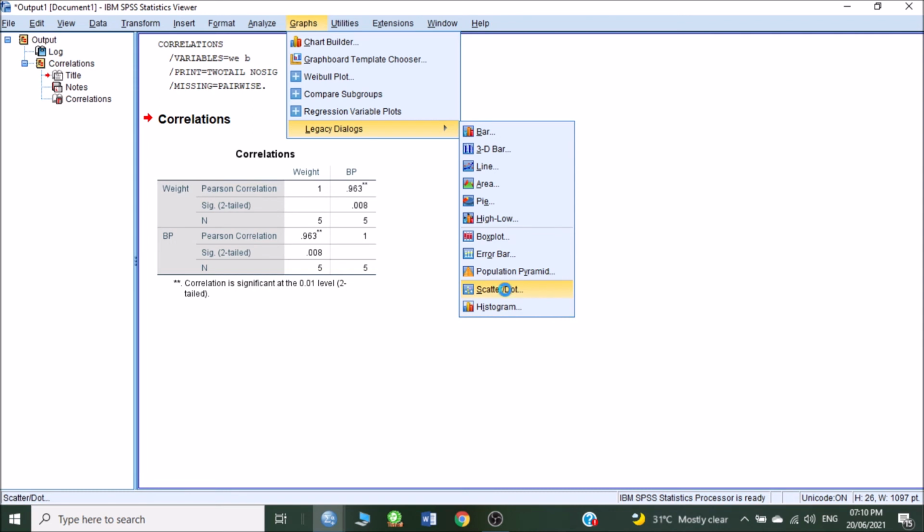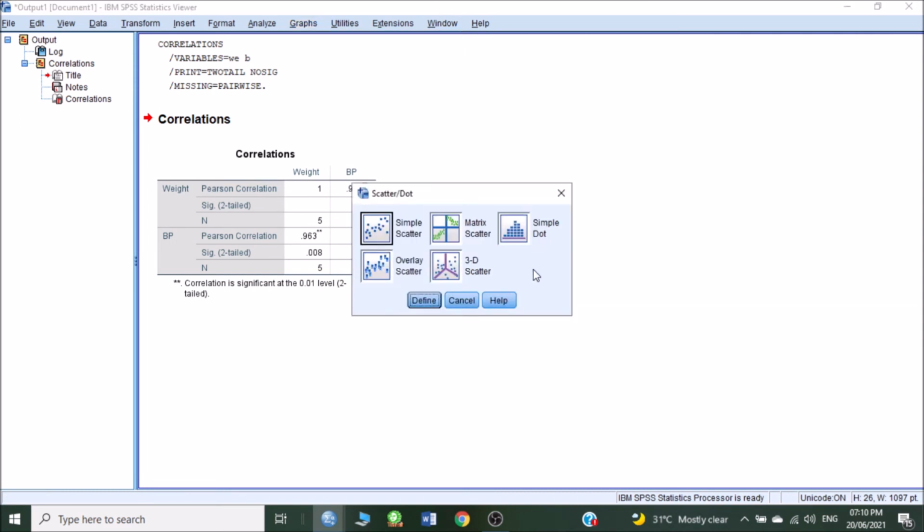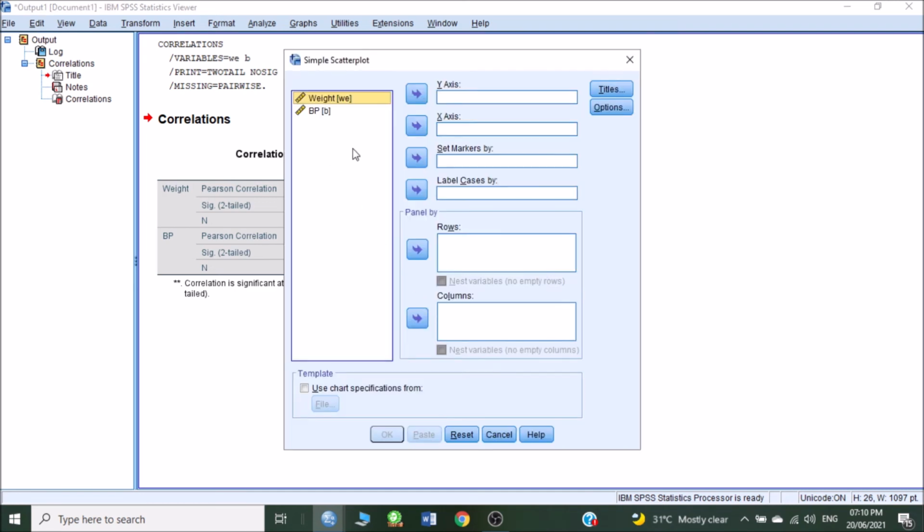You select Scatter. In the scatter, select Simple Scatter, then Define. Now y-axis weight, x-axis blood pressure. Enough. Give OK.